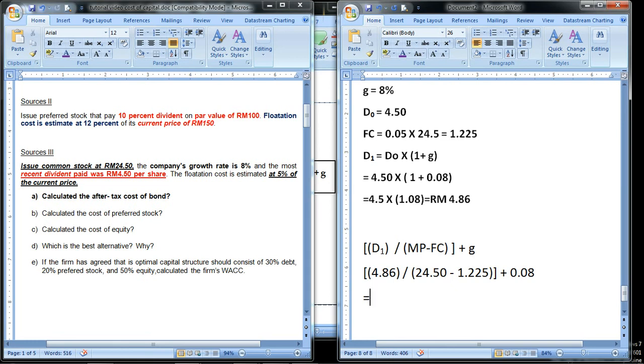Then you plus your growth 0.08, and you will get 0.28881.